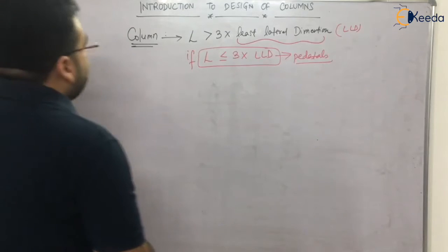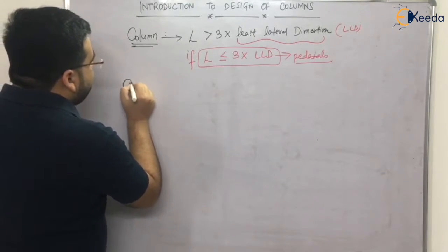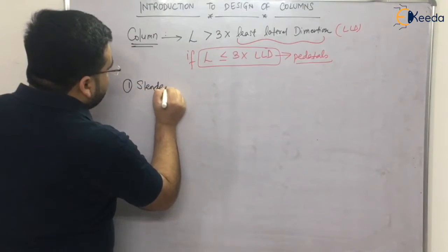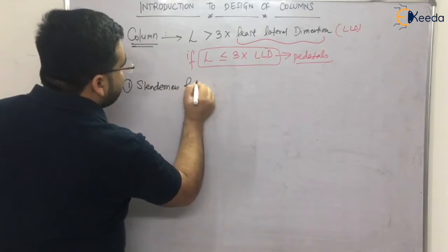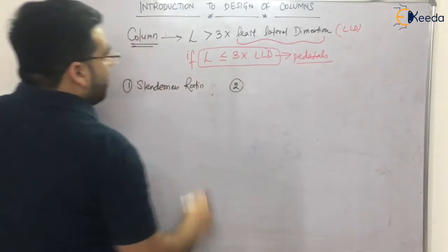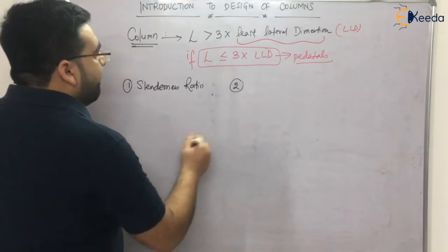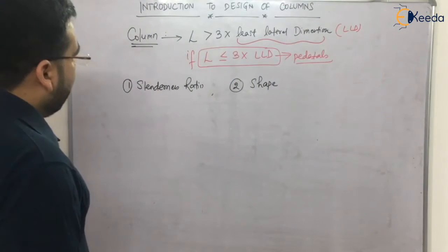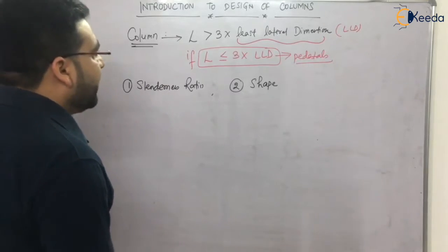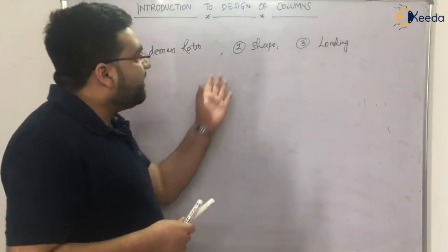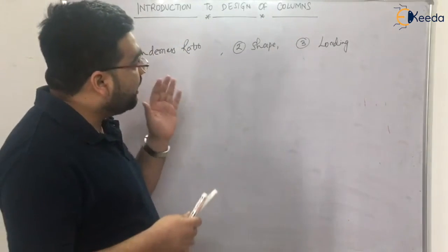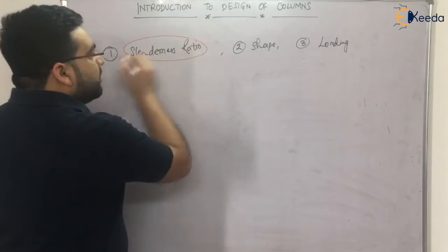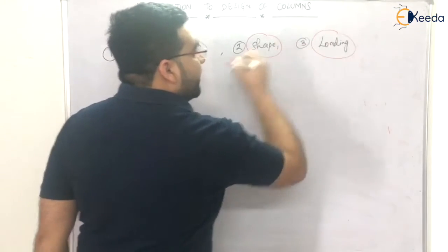Columns can be classified on the basis of slenderness ratio, or on the basis of their shape, or on the basis of loading. I have written all three classifications: the first one is slenderness ratio, the second one is shape, and the third one is loading.